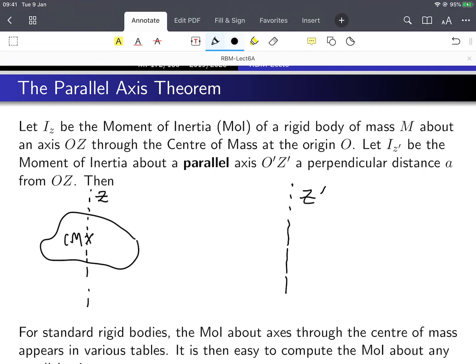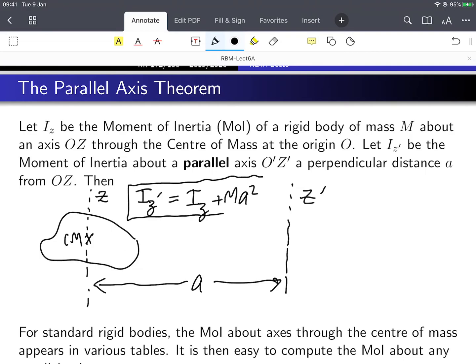Let A be the distance between the two axes, and then, that's the parallel axis theorem: Iz prime equals Iz plus Ma squared. Very simple. So I don't need to redo the calculation. I can just look up in the book or in tables. You will find those expressions there, and then I could just deduce the other ones.